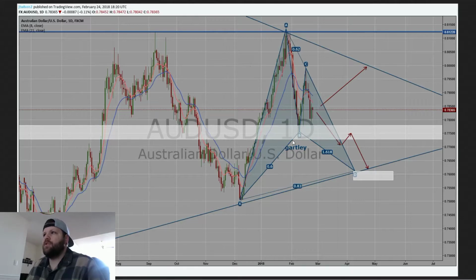I scalp against the trend sometimes. I try not to even do that, but higher time frame trades, I don't go against the trend, and so I don't recommend trading the retracement after the completion of harmonic patterns. However, it's a popular thing. I know that people do it, and so that's how you do it.